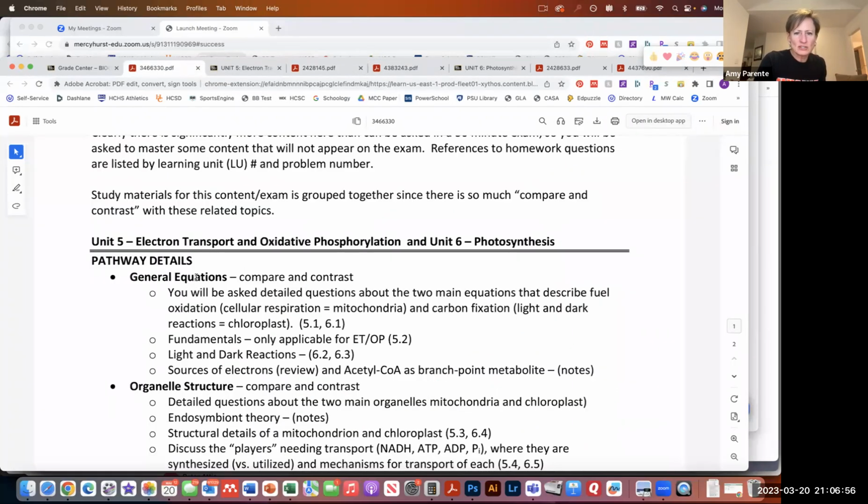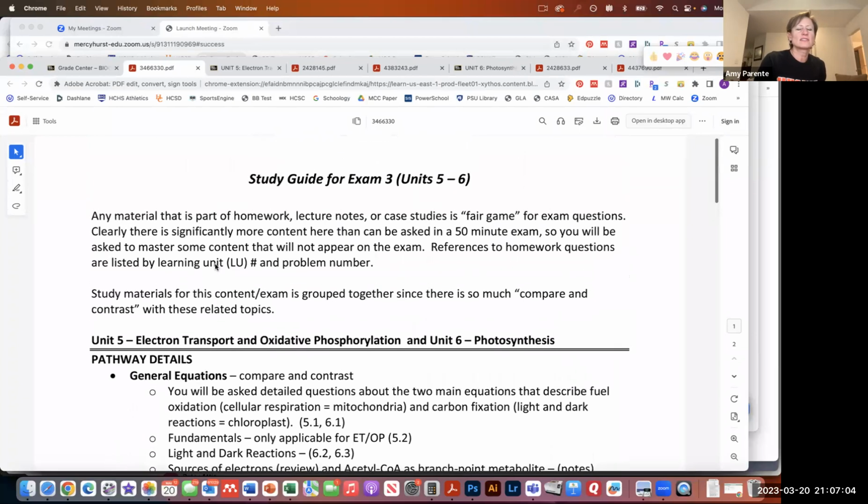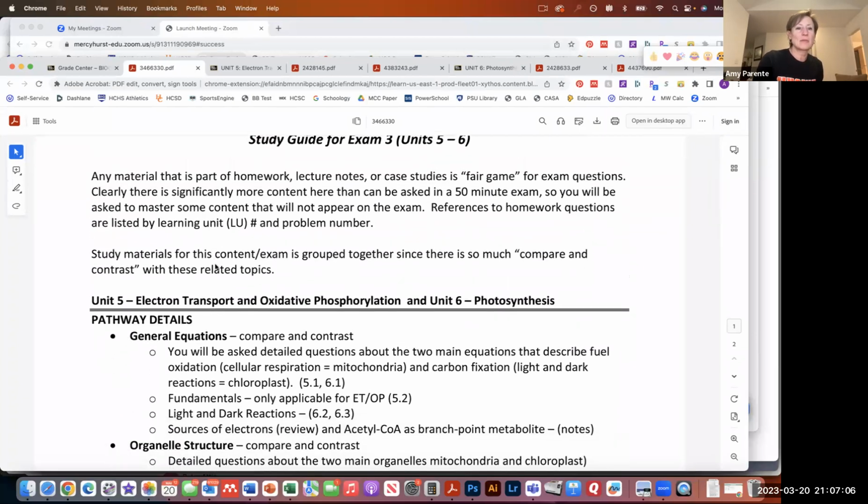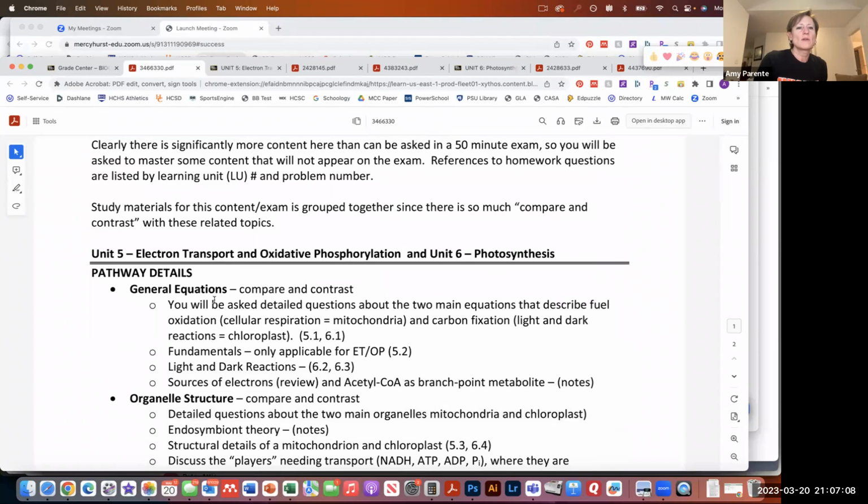Equations: 2 main equations to describe fuel oxidation and carbon fixation. The way this study guide is set up, it's really a compare and contrast one. We'll highlight things that ask you to compare and contrast mitochondria and chloroplast. So that's these equation pieces.